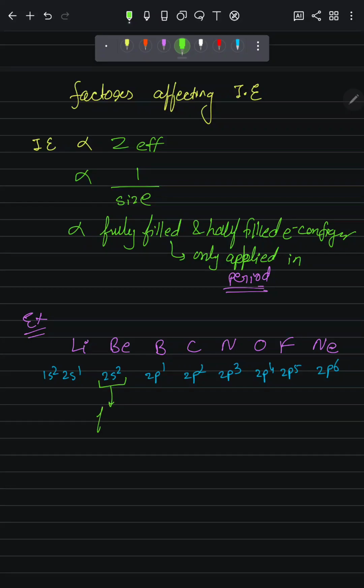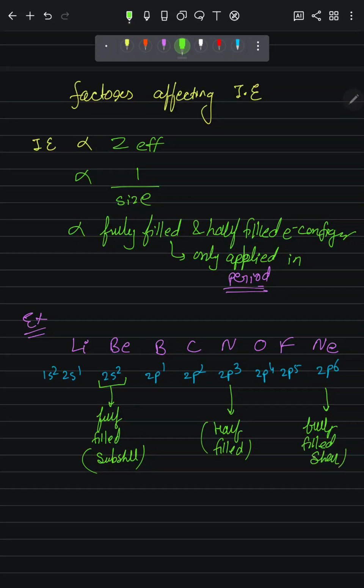We know that a fully filled subshell, and this nitrogen is also half filled because p can fill only 6 electrons and 3 is the half value, and this neon is also a fully filled shell.